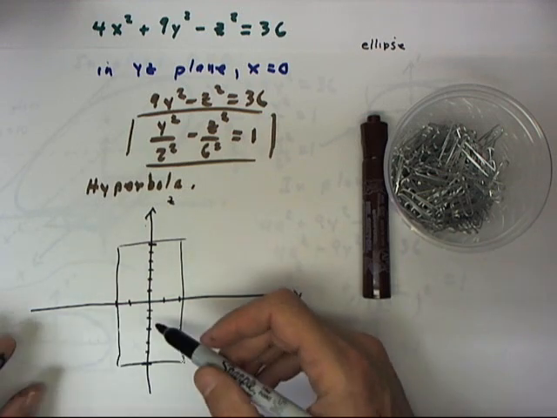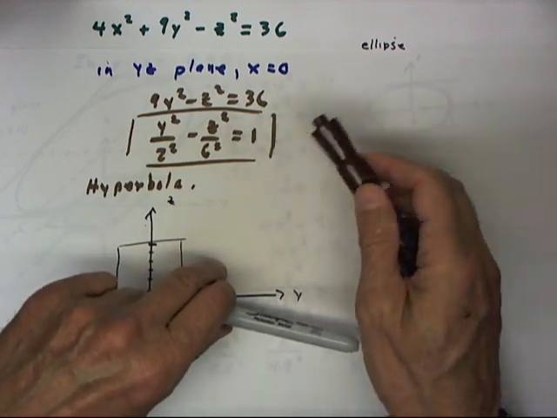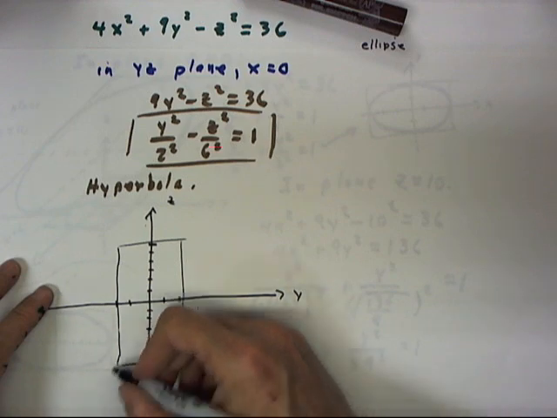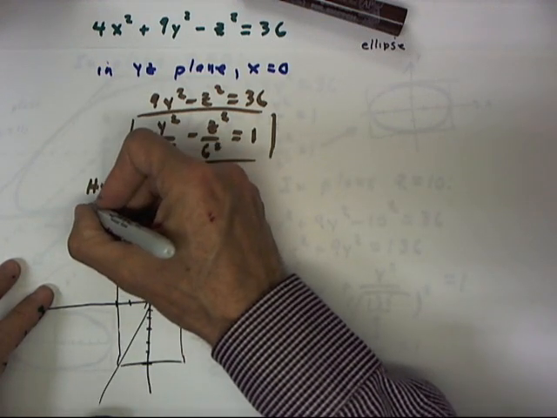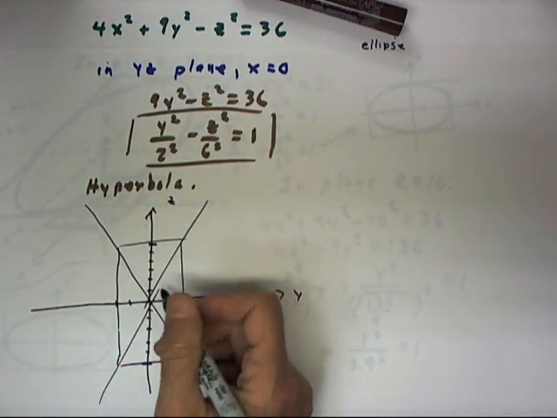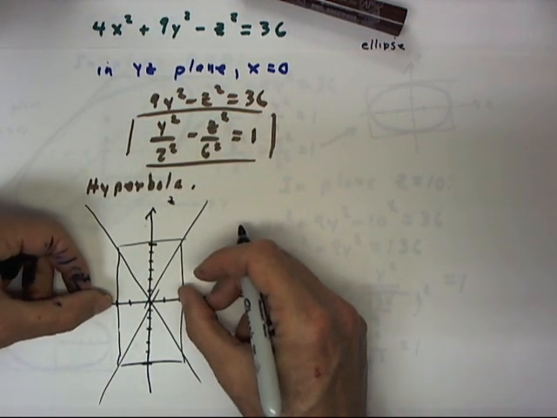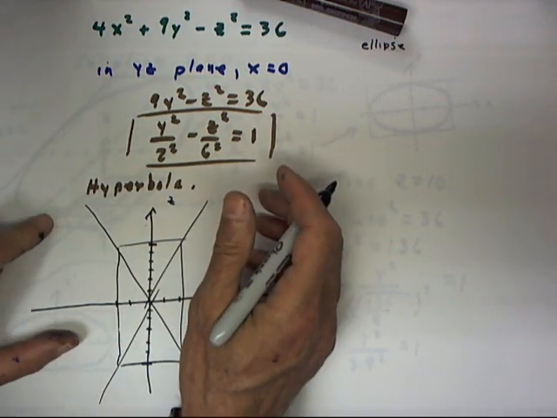To graph a hyperbola, as we know, or should know, we sketch this rectangle, we sketch the diagonals, which are going to be the asymptotes of our hyperbola. And then we determine whether the points to the right and left or the points to the top and bottom are actually on the graph.